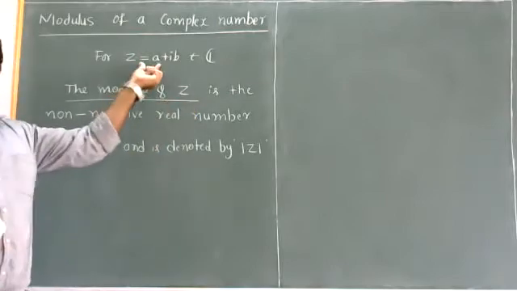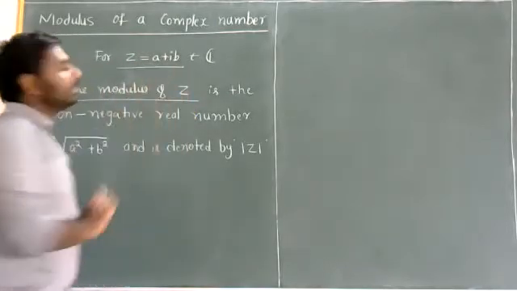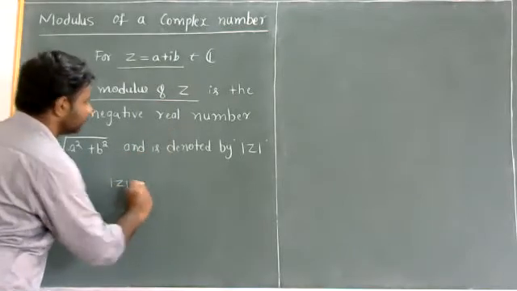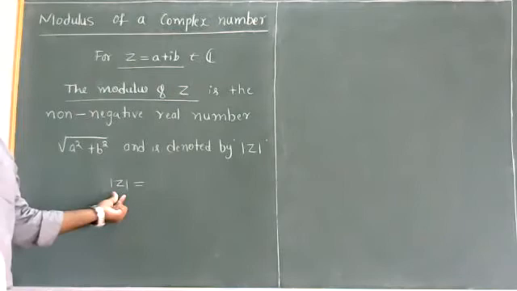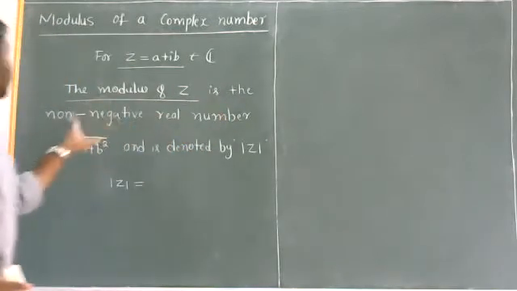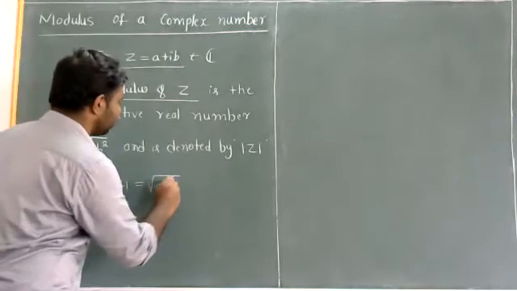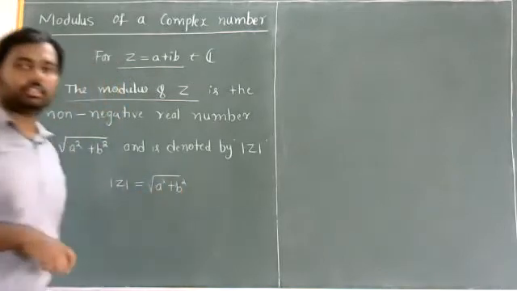So if you are given that the complex number z is equal to a plus ib, we define the modulus of z to be the non-negative real number square root of a square plus b square. Right?